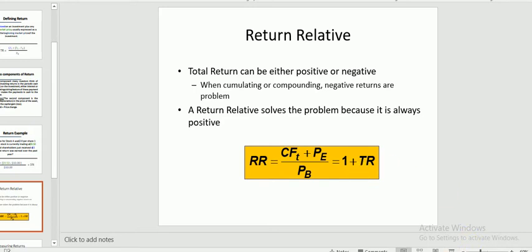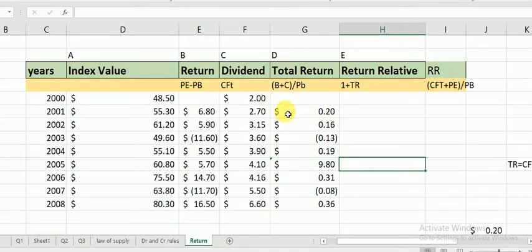In our previous lecture, if you remember, we calculated the total return. These are the total returns year-wise. So when we add 1 to the total returns, that is called the return relative.